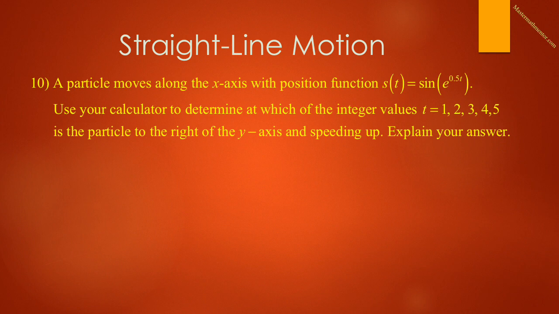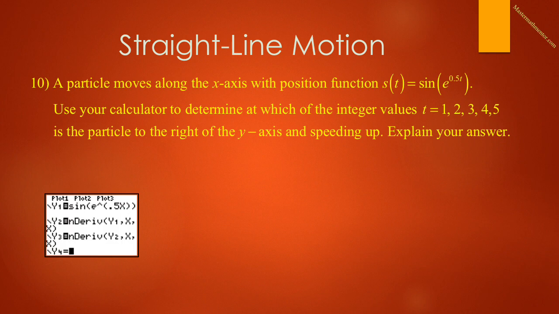Explain your answer. We now put the position function, velocity function, and acceleration function into the calculator. y1 will be the position function, sine of e raised to the 0.5x. We could use our trig and chain rule to find the velocity function, but why not let the calculator take it?